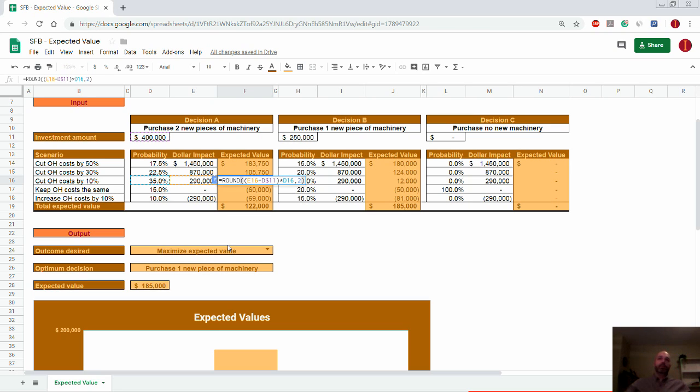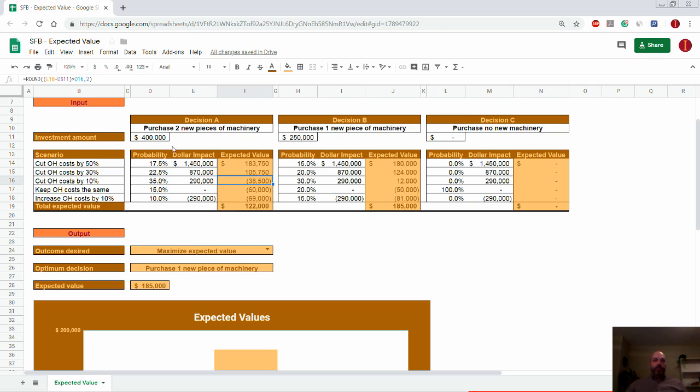See, I told you it's been a while since I've done this. Hopefully in the future, making a worksheet and then recording a video on it will happen in a little shorter time frame than 9 years. But it's taking the dollar impact minus the investment amount times the probability, okay? And it's giving an expected value for that particular scenario.